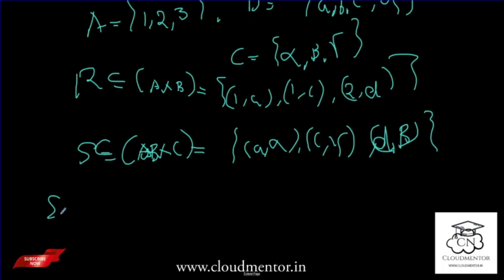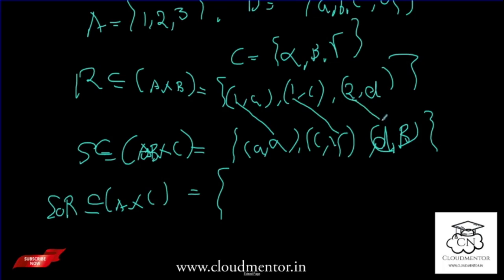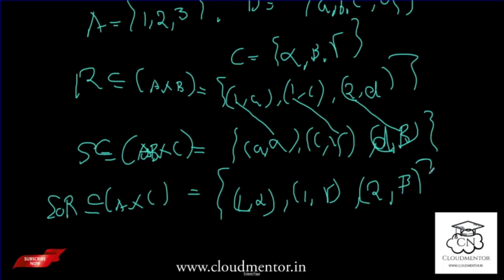Then the composition S∘R will be a subset of A cross C, and that will be equal to the set of, taking the first element from R and the second element from S: (1, alpha), (1, beta), (2, gamma) and (2, beta).